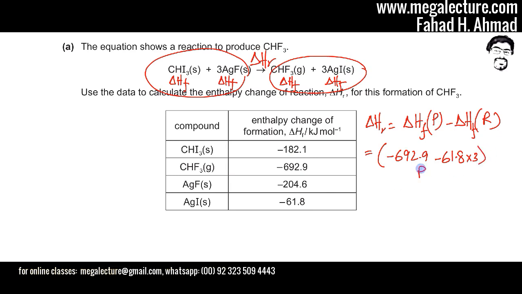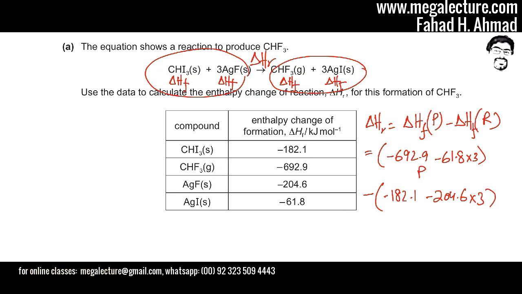So this is my product, and I'm going to subtract my reactants. My reactants are CHI3, which is minus 182.1, and the other reactant is AgF, which is minus 204.6. I'm going to multiply that by 3 again because there are 3 AgFs.